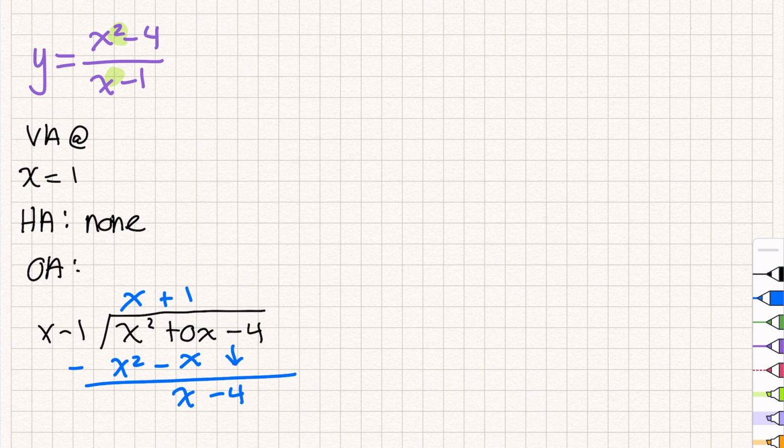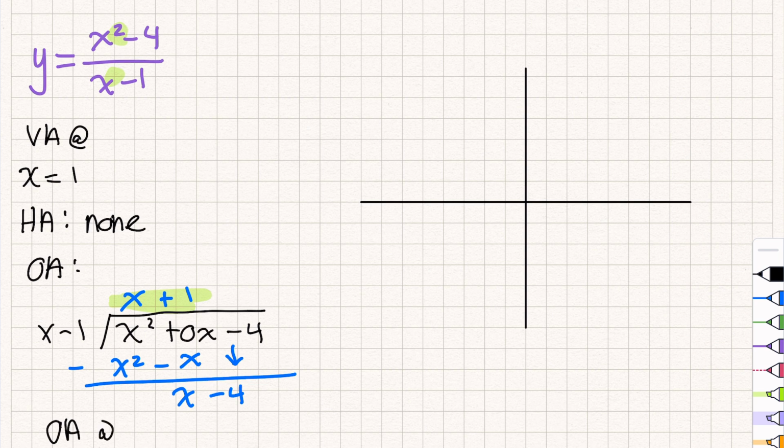So what we end up with here, that is our oblique asymptote. So our quotient is the oblique asymptote. So when we sketch this function, we have an oblique asymptote at y equals x plus 1.